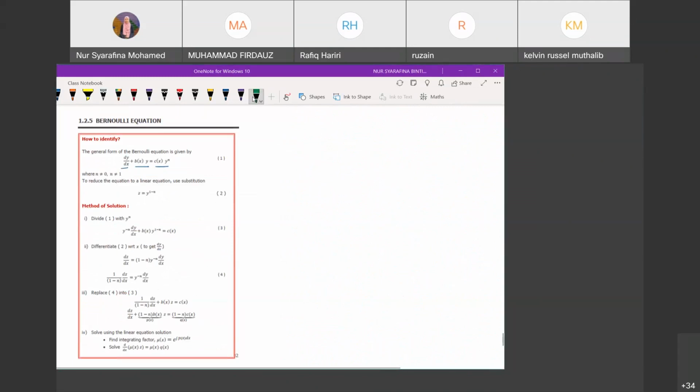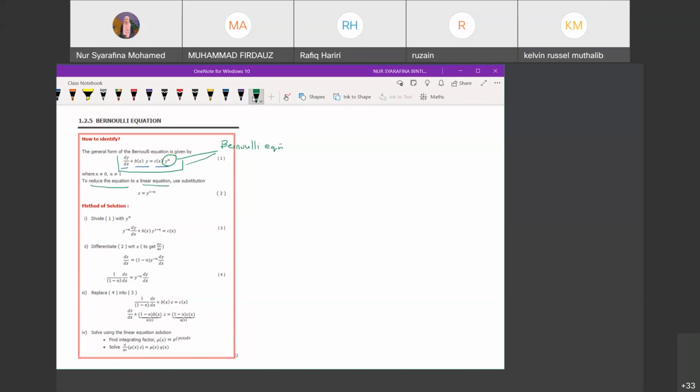So this y to the power of n is how you can identify the Bernoulli equation. And n cannot be 0 and n cannot be equal to 1. So in order to find the solution of this Bernoulli, we need to reduce it to a linear because it is quite identical with a linear.